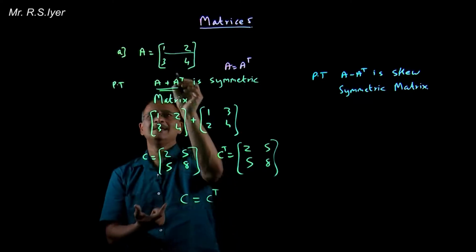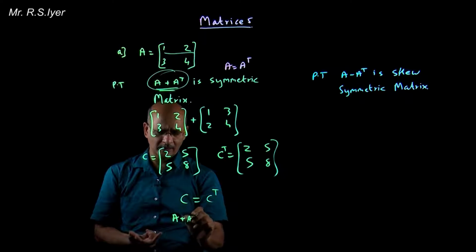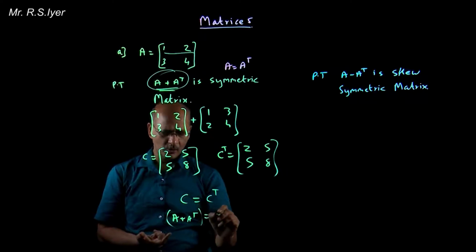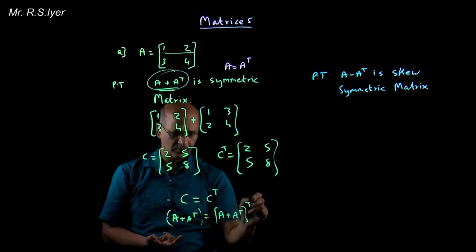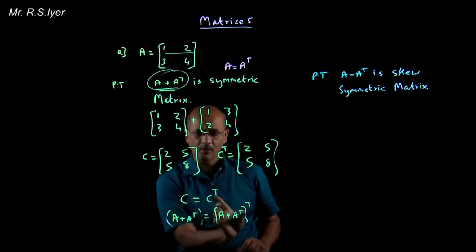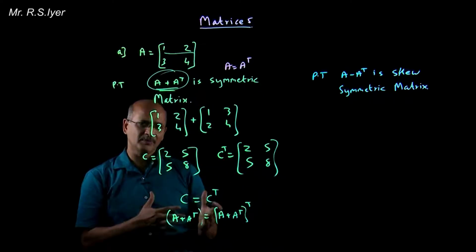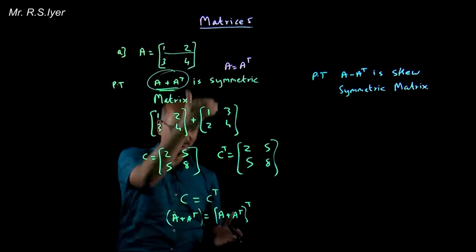But what is C? C is nothing but A plus AT. So it is A plus AT matrix is equal to A plus AT transpose. You are understanding my point? So you have proved a matrix C is equal to its transpose. What does that mean? It means that this A plus AT is a symmetric matrix.